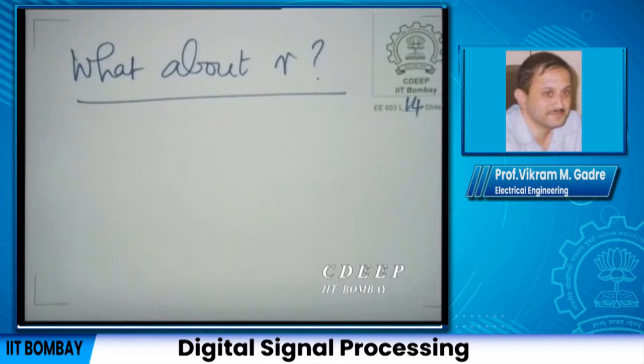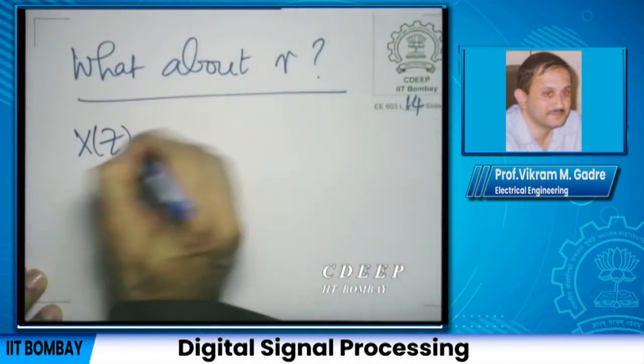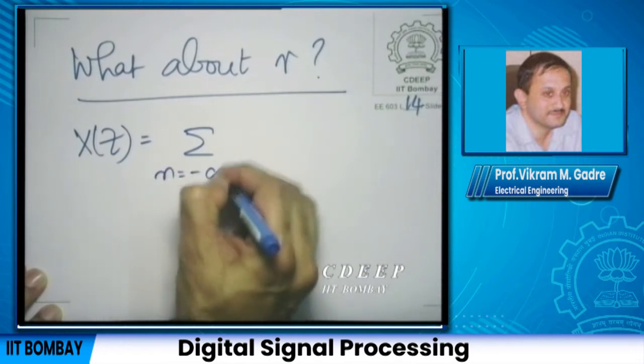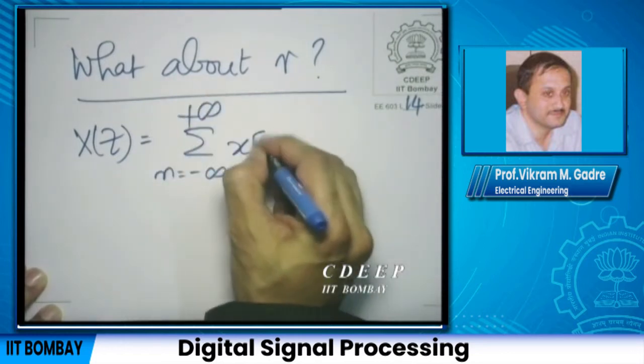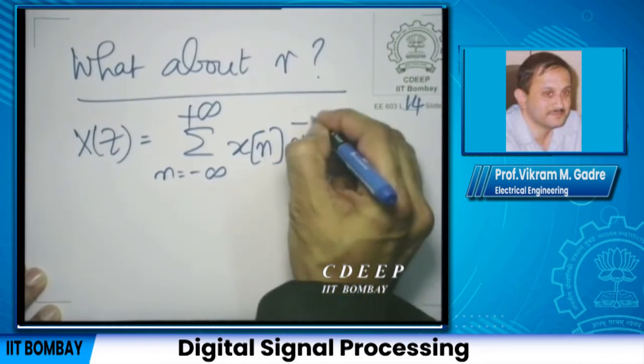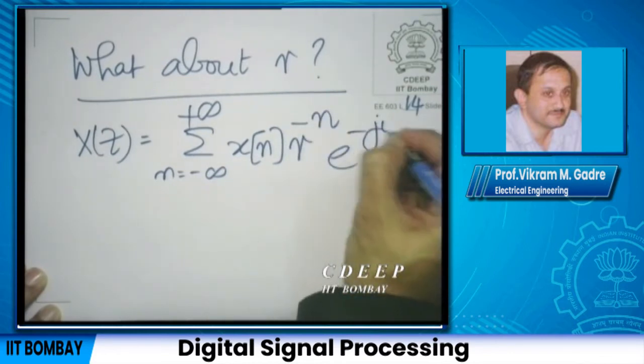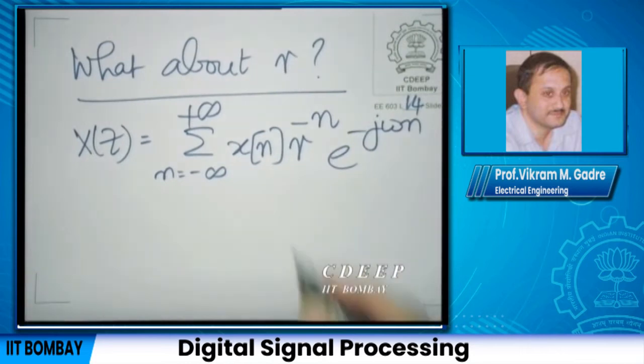There are two ways of understanding r. One way is a formal way. It is the rate at which the exponential should multiply that sequence so as to bring the Z transform into convergence. That is a formal way of understanding r. If you look at it, X(z) is equal to the summation over n from minus to plus infinity of x[n], and now let us write this in terms of r and omega, e raised to the power minus j omega n and r raised to the power minus n.